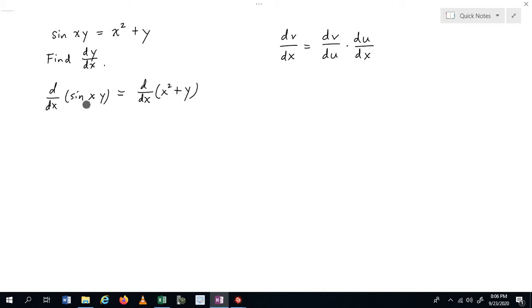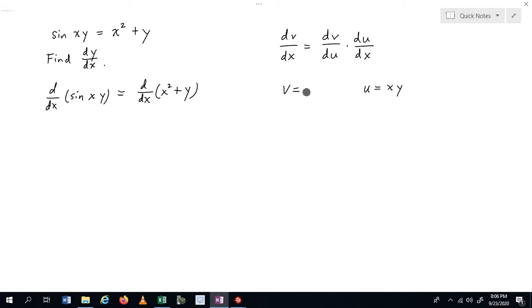Having said that, remember the inner function here is the u, and u has to be written in terms of x. So the inner function in this case is xy, and then the outer function is the v, and the v would then be sine of u, because u is equal to xy.